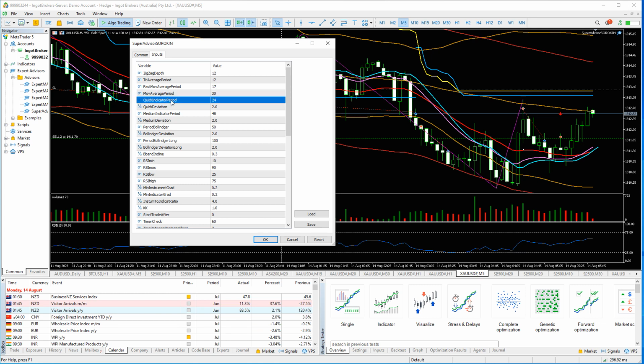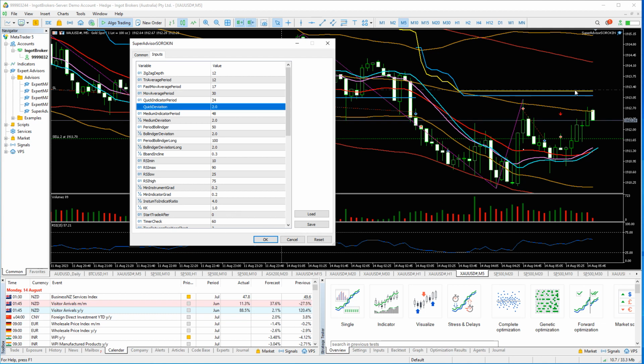And also we have this blue line. This is my SORQUICK indicator with two parameters, period and deviation. Also we have this yellow one, it's the medium indicator with medium deviation. You can choose any colors you want.